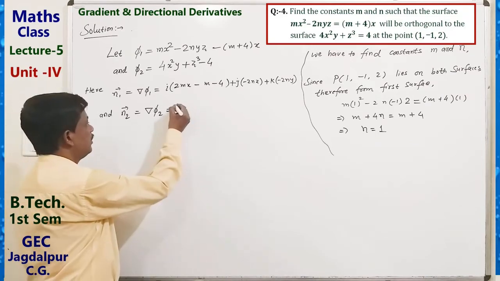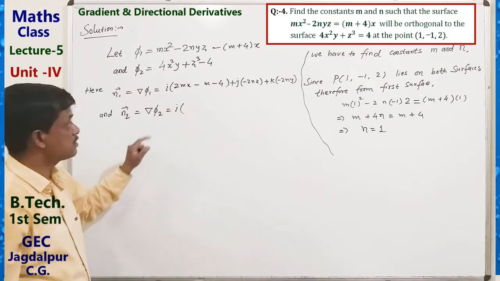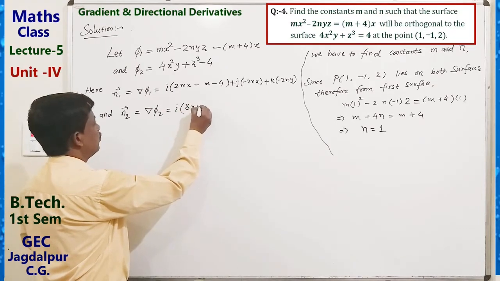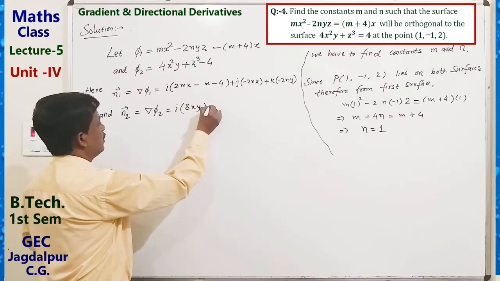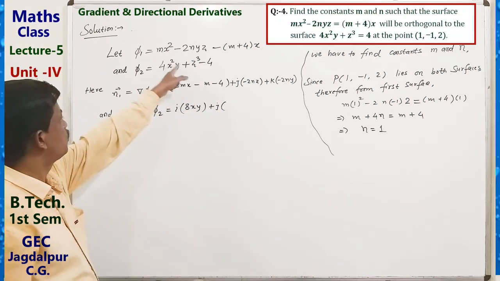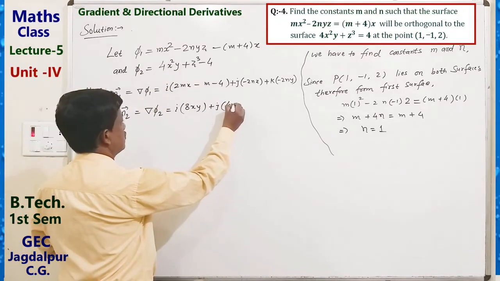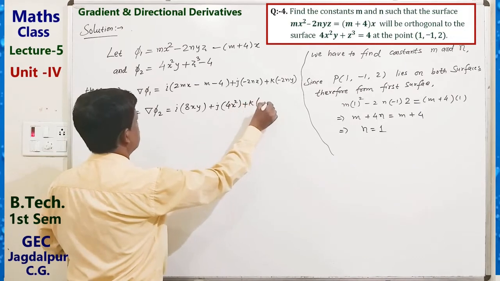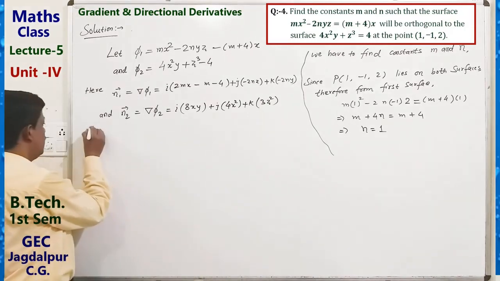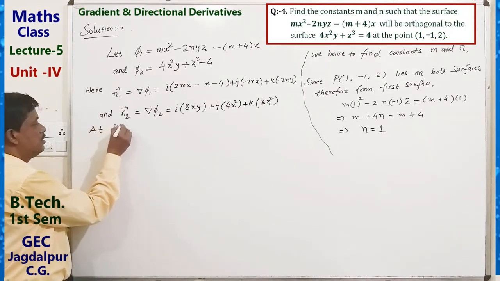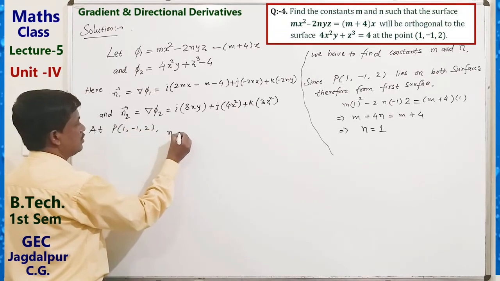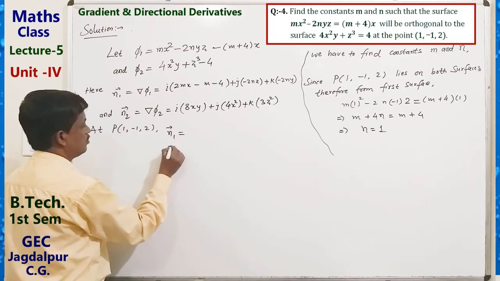Clear? Now del phi 2: i 8xy plus j with respect to y 4x square plus k with respect to z 3z square. At point P 1, minus 1, 2, n1 equals to and n2 equals to.